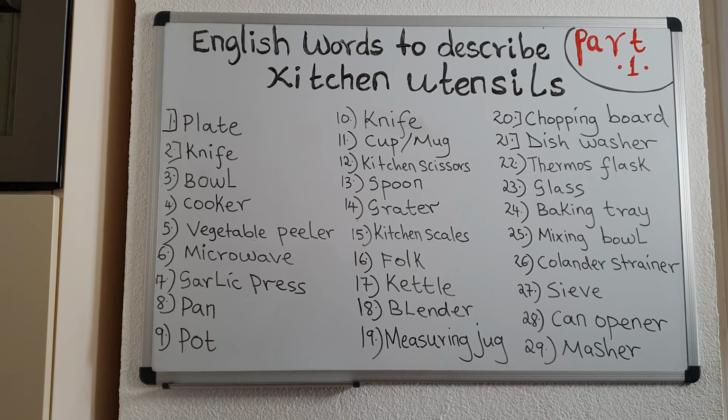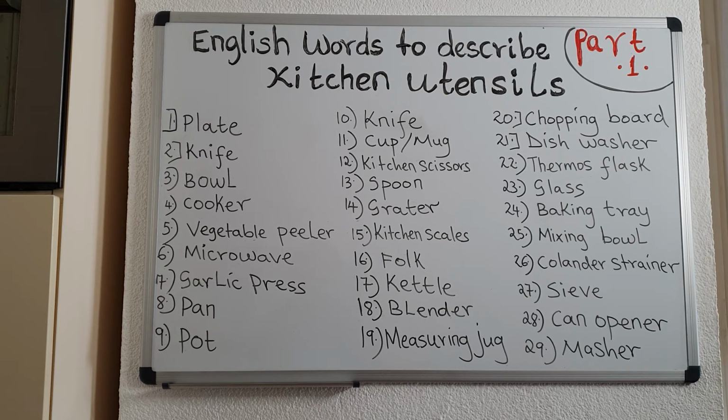The next word is measuring jug. Measuring jug. We use a measuring jug to measure liquids when you're preparing certain meals. For example, if you want to bake a cake and you have been told to use 1 liter of milk.